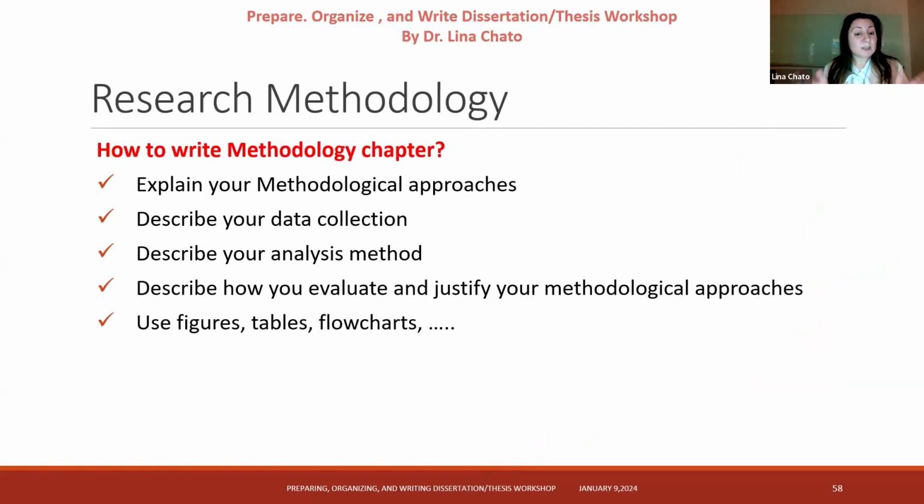Use figures, tables, and flowcharts if possible, because these can provide more information about the text or clarify the explanation that you put in the text, okay? And also simplify the understanding.